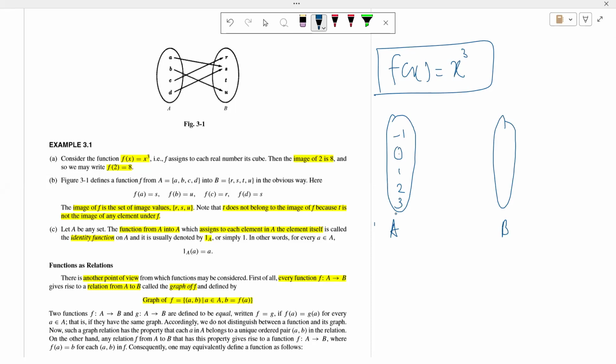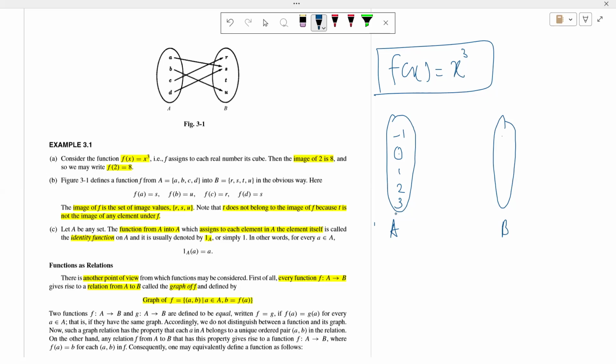Can you tell me what the codomain of this function is? My function f of x has five input elements: -1, 0, 1, 2, 3. Can you tell me the images of these? So how can you answer?